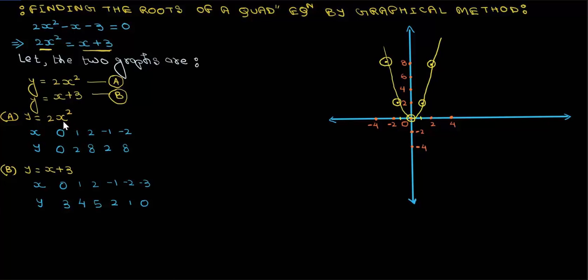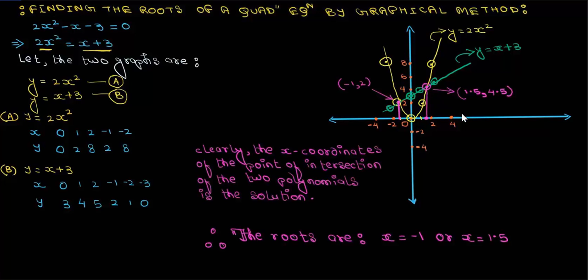For 1, 2 into 1 square is 2. So similarly we get these points. So we have plotted these points here, and similarly we have plotted the points for y equal to x plus 3. So this green linear equation y equal to x plus 3 is a straight line, and this is the curve y equal to 2x square, and their point of intersection is the solution, the x coordinate.